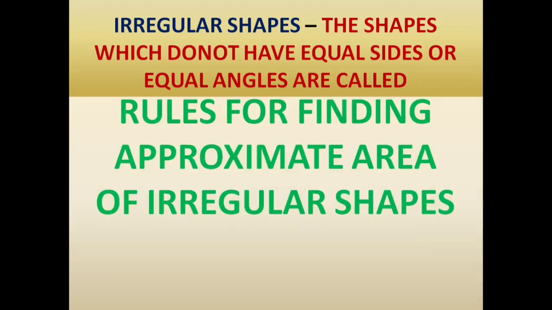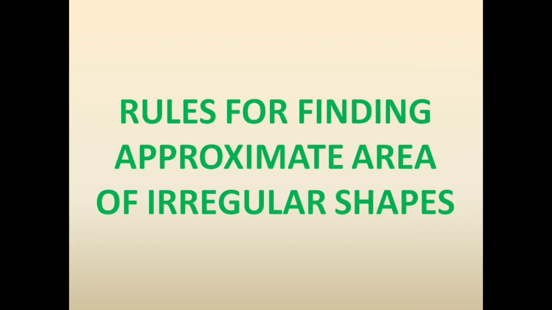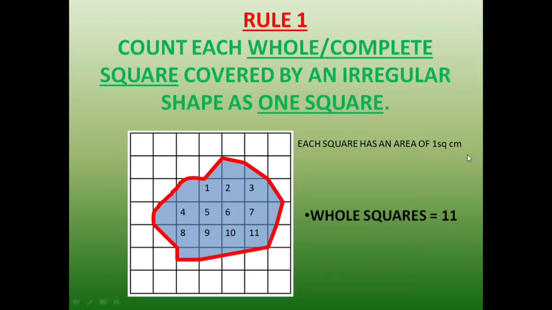Now, let's learn about the rules to be applied for finding the approximate area of irregular shapes. Rule number 1. It states, count each whole or complete square covered by an irregular shape as one square.